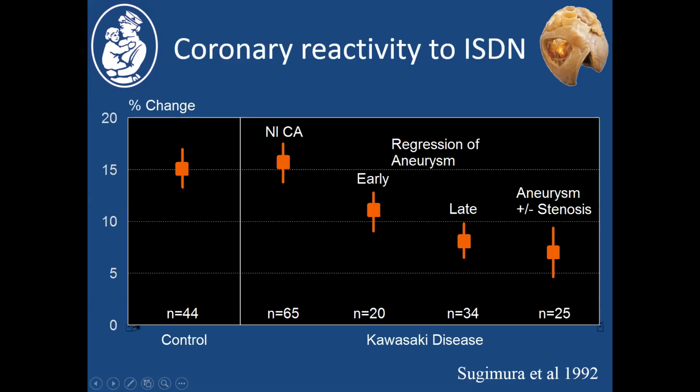This was a study done in Japan some years ago where we have vascular reactivity to isosorbide dinitrate. And this was normal people, and people who had Kawasaki disease but never had coronary involvement, at least by echo. And then ones who had early regression, late regression, and continued to have aneurysms of their coronary arteries. And you can see that the reactivity to isosorbide dinitrate decreases with the level of coronary involvement.